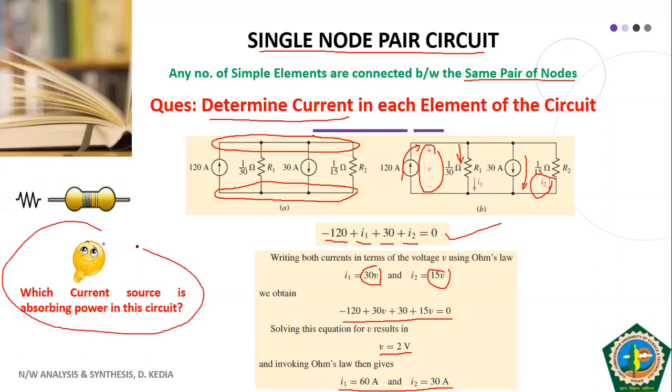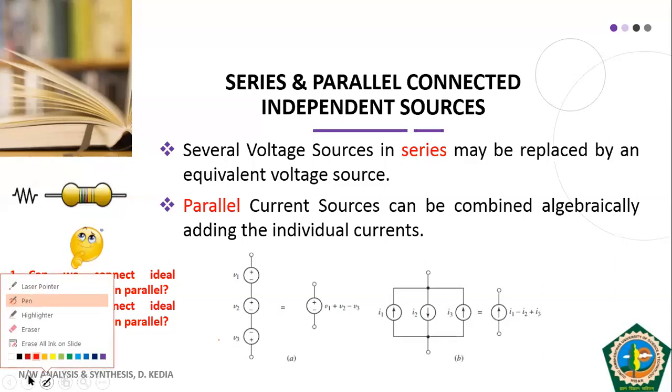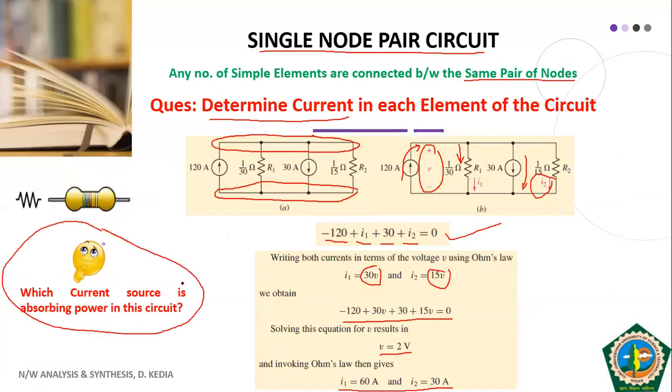Now one question. Can you tell me which current source is absorbing power in this circuit? Sugandha, are you there? Unmute yourself. Tell me which current source is absorbing power in this circuit.